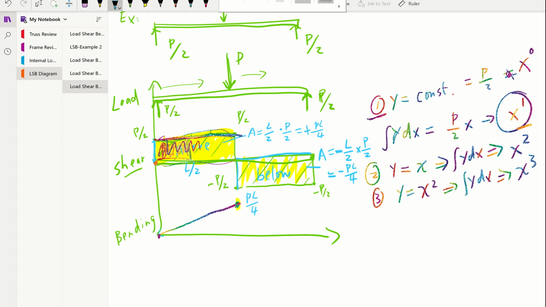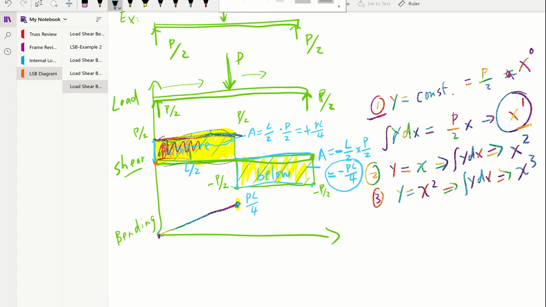So what that means is when I have integrated this first half, it gets to PL over 4. And then I'm going to start integrating this second half to get bending. However, in the second half, I'm adding negative value along the way, right? Because it's below. So until I integrate this entire negative rectangle area, that's going to give minus that much, PL over 4.